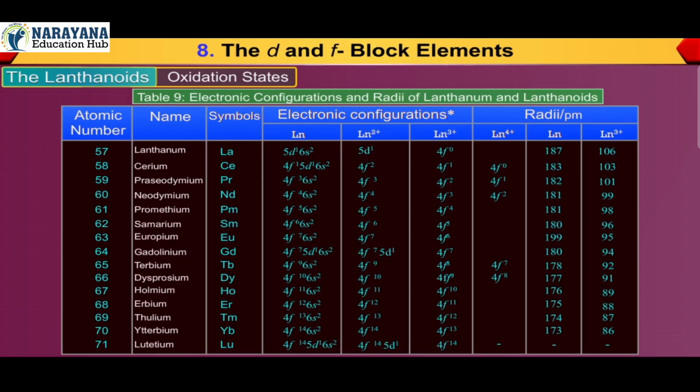Table 9. Electronic configurations and radii of lanthanum and lanthanoids. Atomic number, name, symbol, electronic configurations: Ln, Ln2+, Ln3+, Ln4+, radii in pm: Ln, Ln3+. 57.